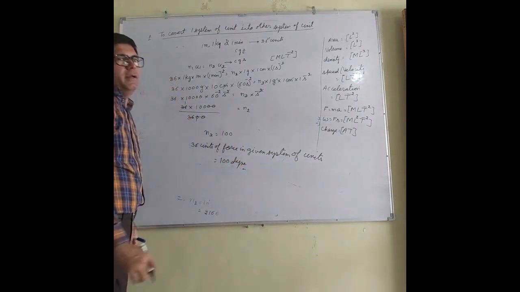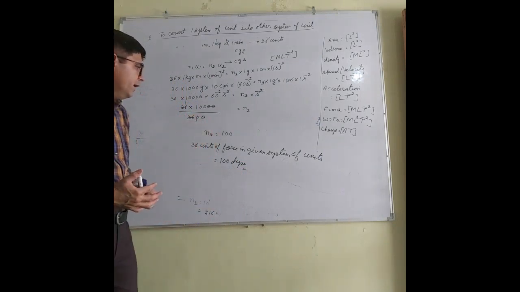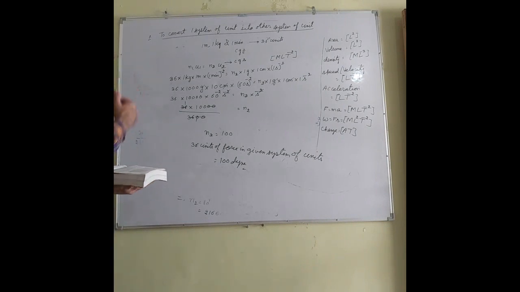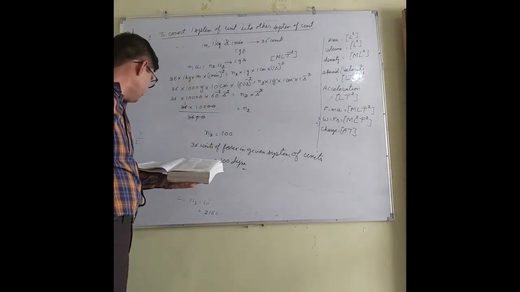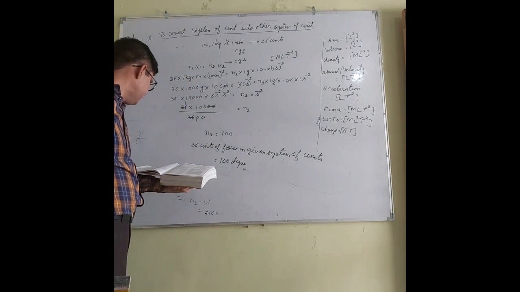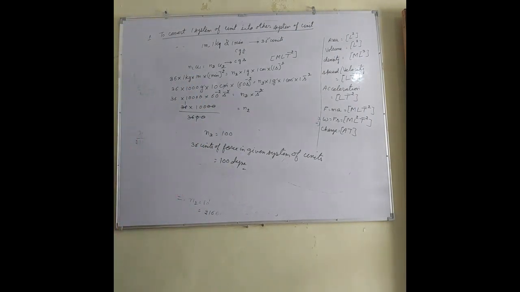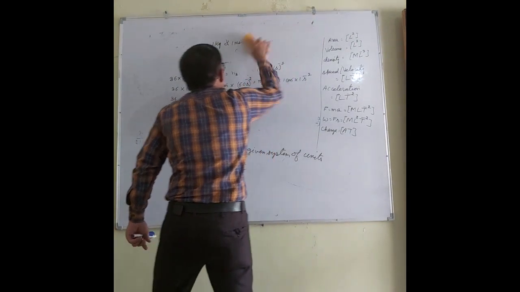What is dyne? Dyne is the CGS unit of force. This dyne you will also do in the chapter laws of motion, when we will discuss the concept of force. So this is its first application, how to convert one system of unit into the other system of unit. Next is to check the dimensional accuracy of a physical relation.